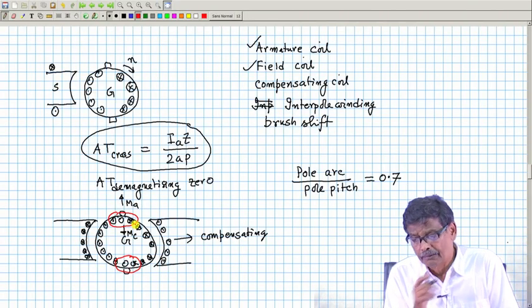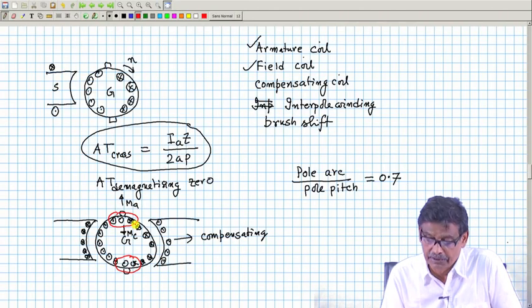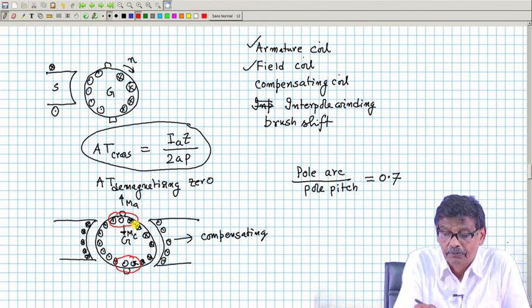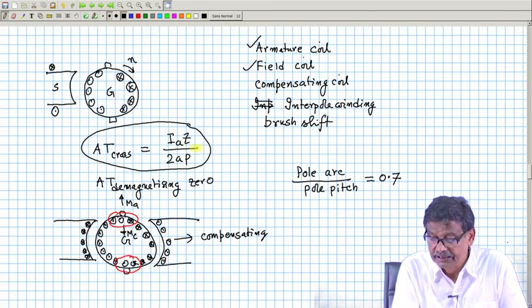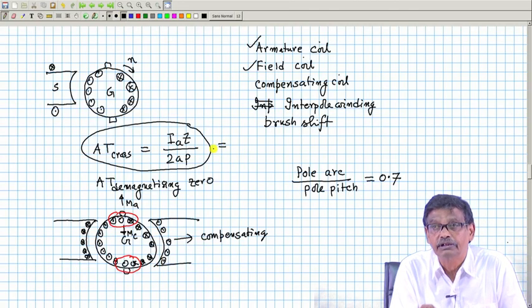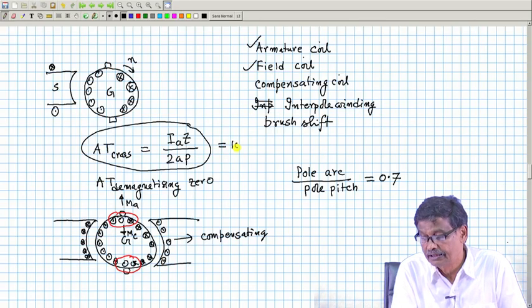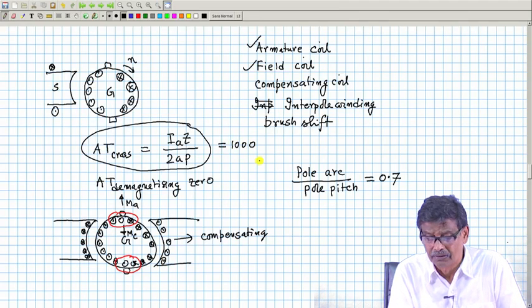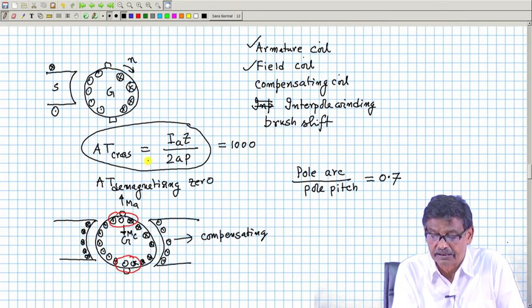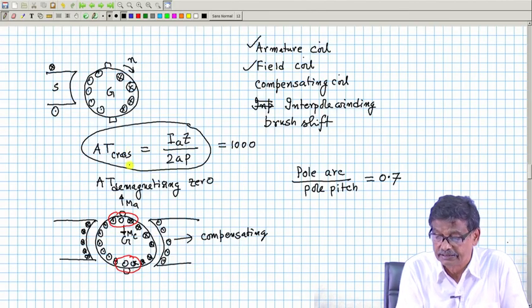Let me explain with some numbers. For example, suppose for a given machine, this AT cross you calculate from this formula, and suppose it is equal to 1000 ampere turns cross magnetization per pole.